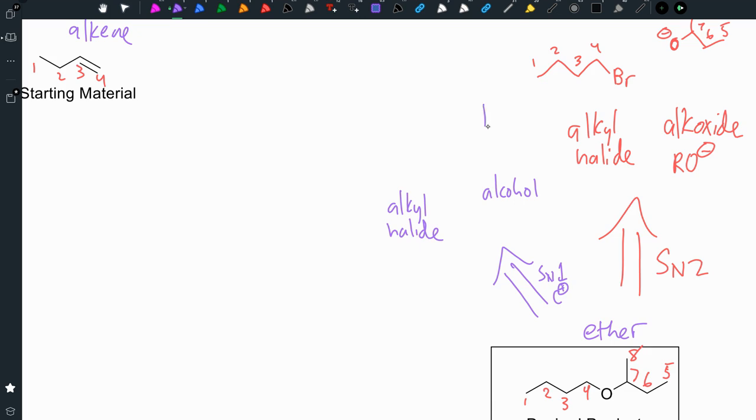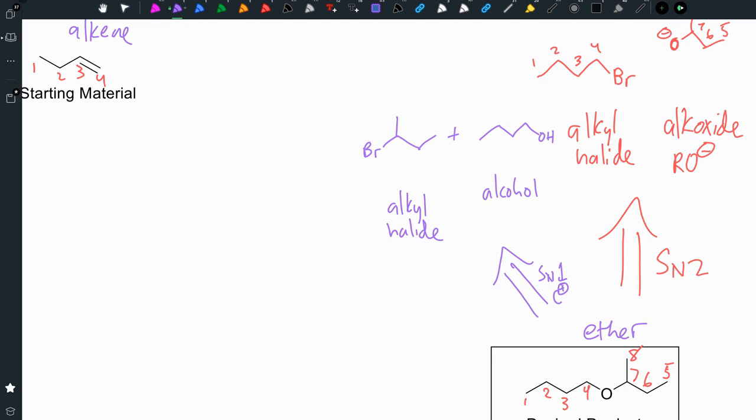So in this case, I want my alkyl halide to be on this secondary carbon. And then my alkyl halide would be, sorry, I flipped these around. Let me move my alkyl halide over here. And then my alcohol would be on carbon 4. Okay, so that would be another possible retrosynthetic analysis.